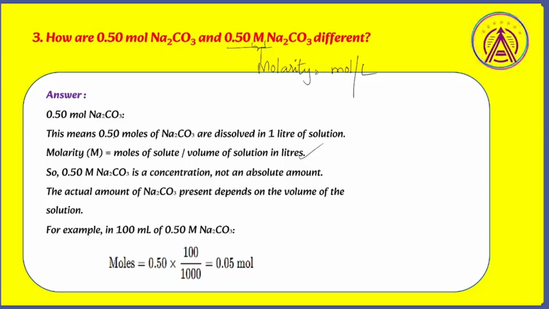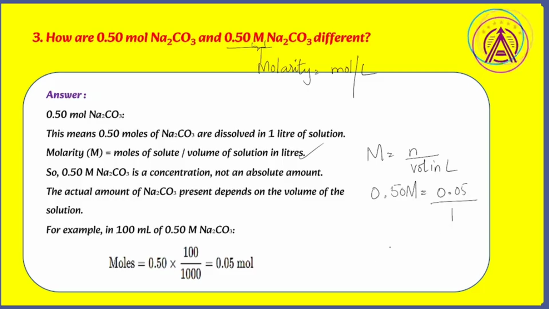Okay. So 0.50 moles basically means here you have only 1 liter of solution, whereas 0.50 molar can mean it is not just 1 liter, it can be different moles. So if you calculate, molarity is nothing but moles by volume in liter, correct? So 0.50 molar means I have 0.50 moles in 1 liter, correct?